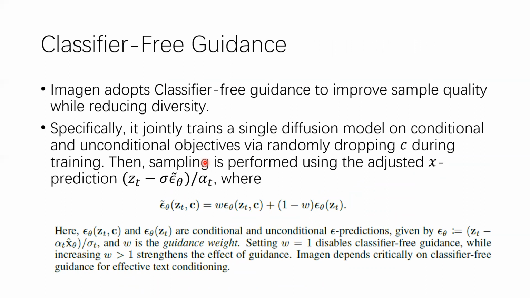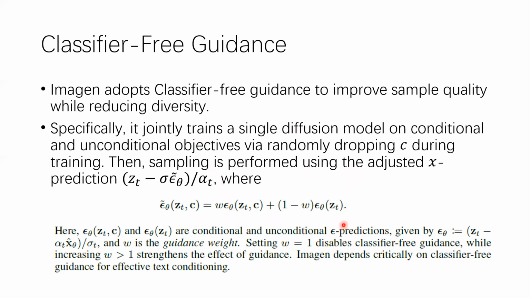And then we will talk about classifier-free guidance. Previously we talked about how we can use classifier guidance to improve sample quality while reducing diversity. Specifically, it jointly trains a single diffusion model on conditional and unconditional objectives by randomly dropping c during training. Then sampling is performed using the adjusted x prediction like this, which we have already seen before.